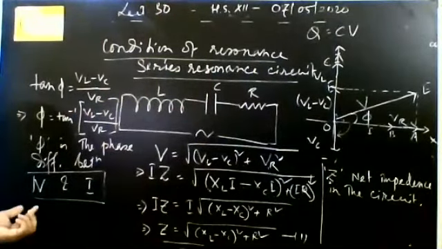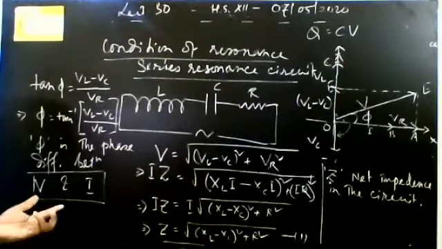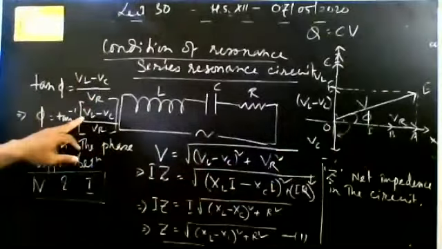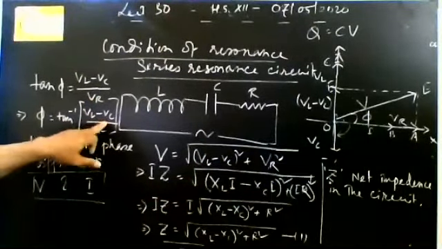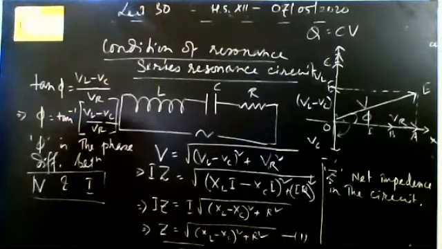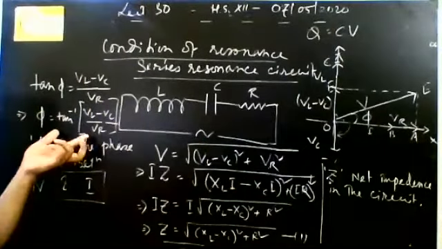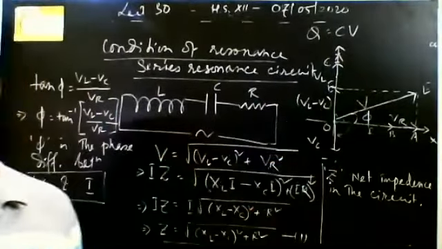Right? So from this expression, what we observe is that there is no phase difference when VL becomes VC. Okay? When VL becomes VC, there is no phase difference. There will be some questions on when in the circuit there is no phase difference, when the phase difference between the voltage and current will be 0.